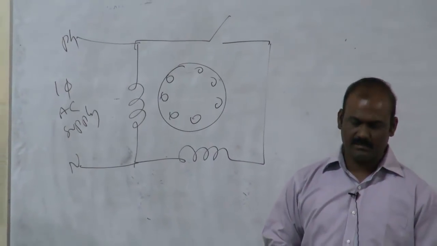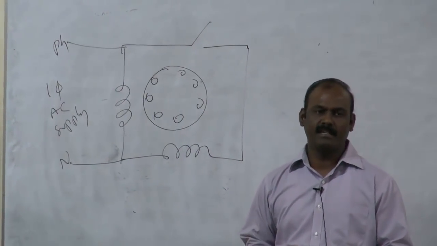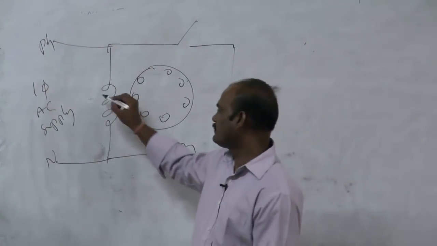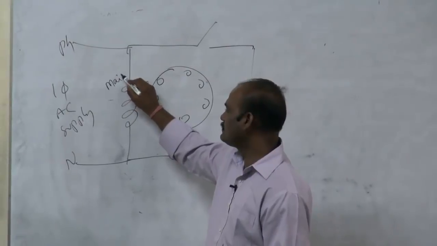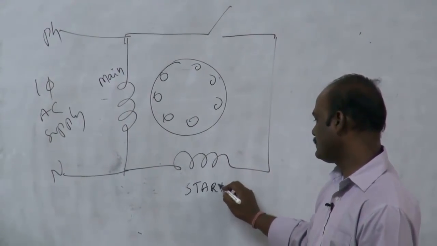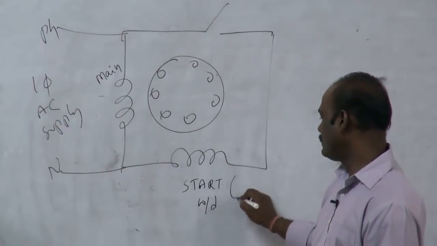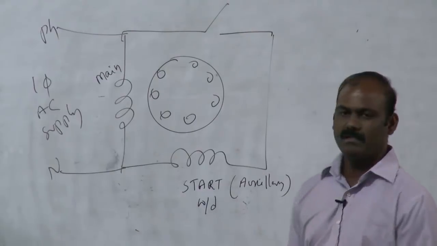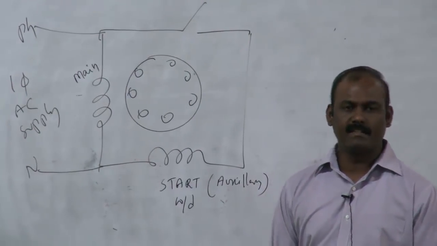Simple, this is the basic single phase induction motor where we have 2 windings. The first winding is called as main winding and second winding is called as a start winding, or you can say it is a auxiliary winding.